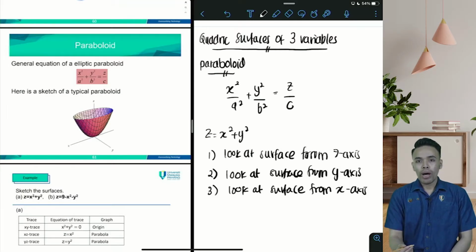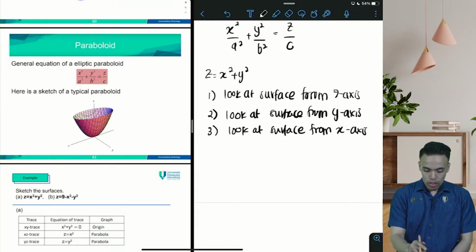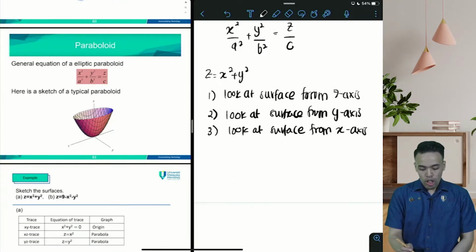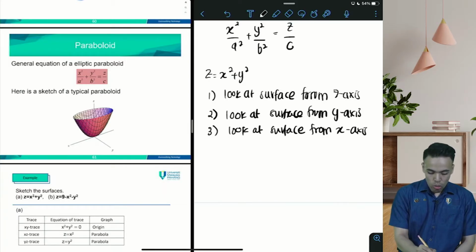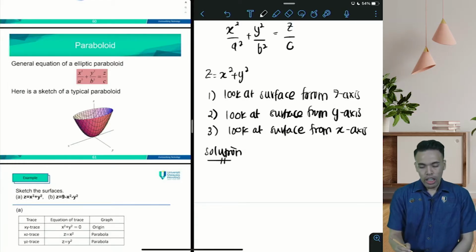By combining the curves that you obtain from these three steps, you should be able to construct your surface in the three-dimensional coordinate system. So let's take a look at what will happen if you sketch the surface by using these three steps.